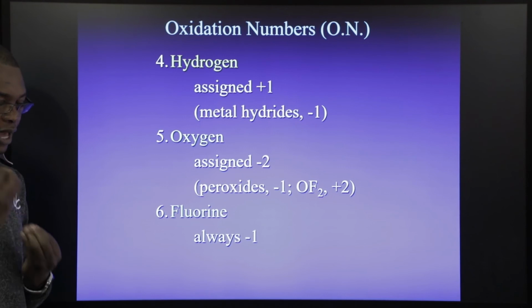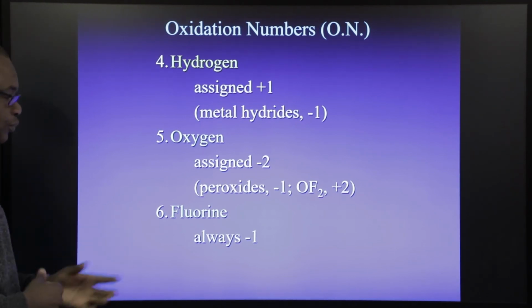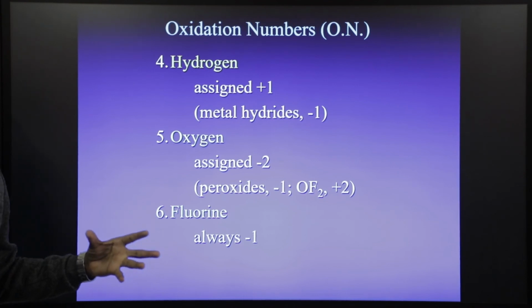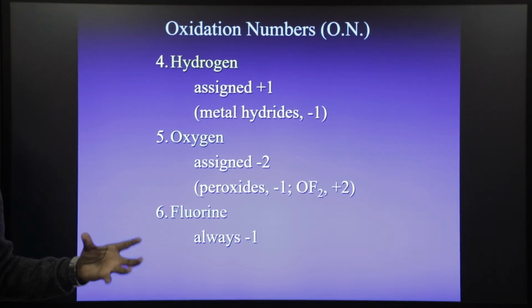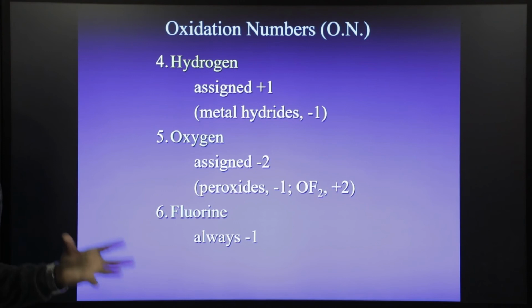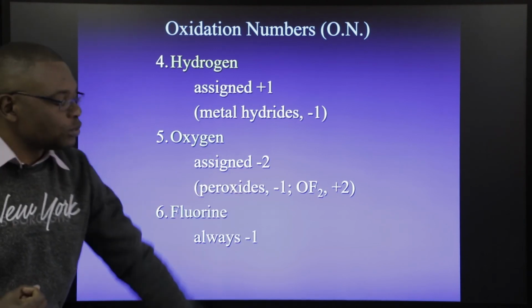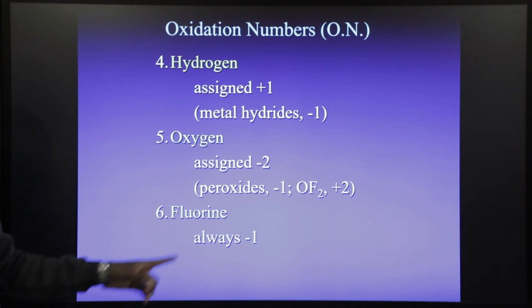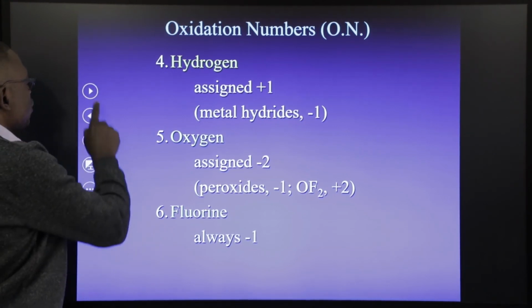Fluorine is highly electronegative, so it will pull electrons away from oxygen, and the oxygen will suffer loss of electrons and hence become positively charged. Fluorine, come hail, come thunder, is always -1.